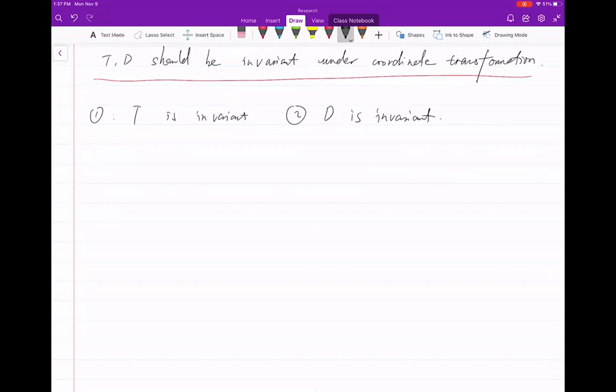To let you see this, just take any coordinate transformation. You have A, but then if you do coordinate transformation, you have A equals PBP inverse, where P is the coordinate transformation.